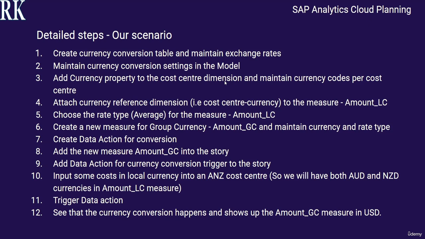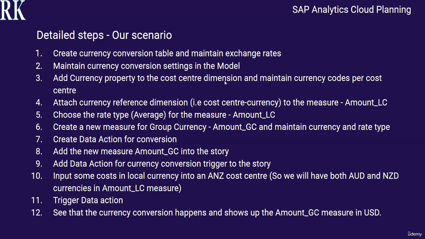And then we'll choose the rate type. For the currency conversion, usually there are two rate types, average rate type and closing rate type. We'll have to choose whether it's the average rate type or the closing rate type.